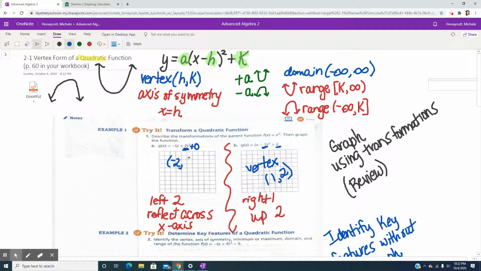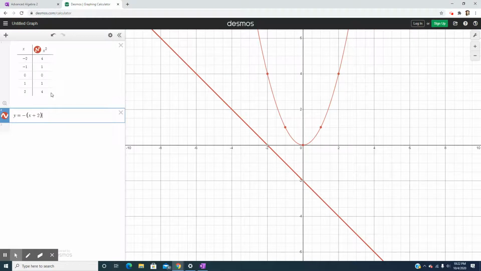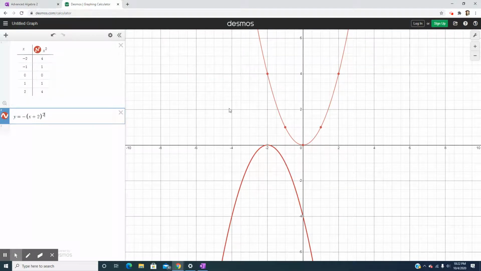So k would be 0. So negative 2, 0 is the vertex. And just a reminder, let's go check that graph again. Negative x plus 2 squared. Vertex is at negative 2, 0.